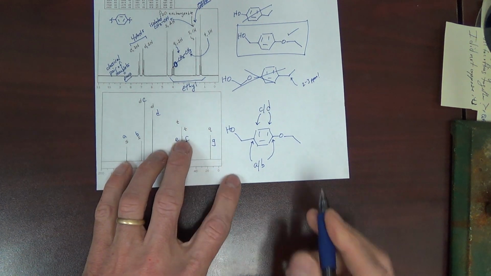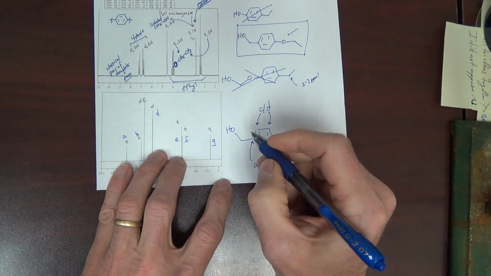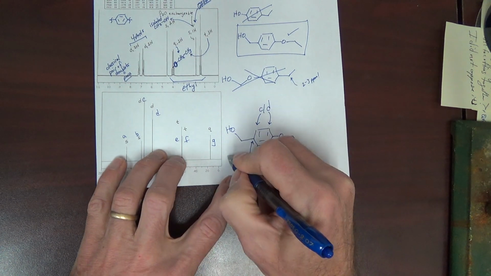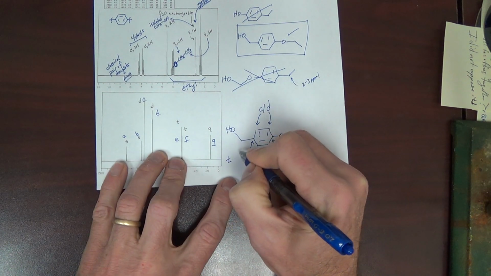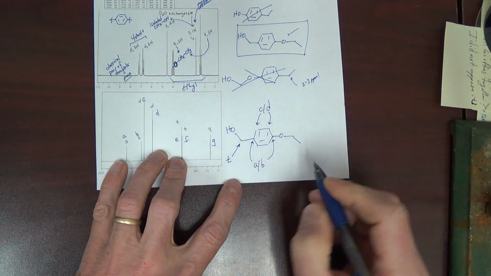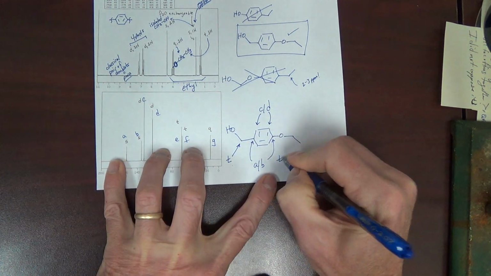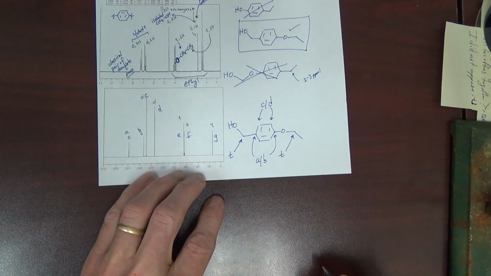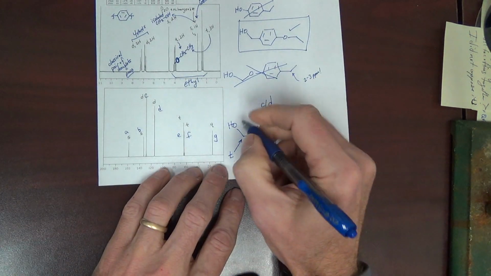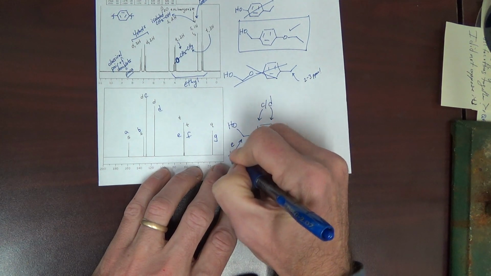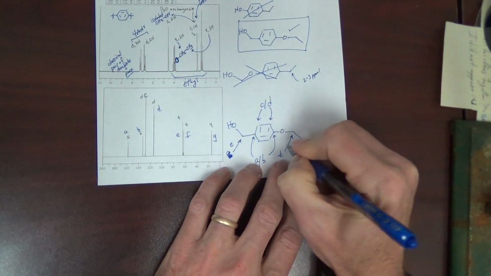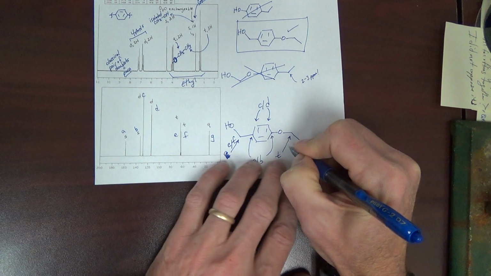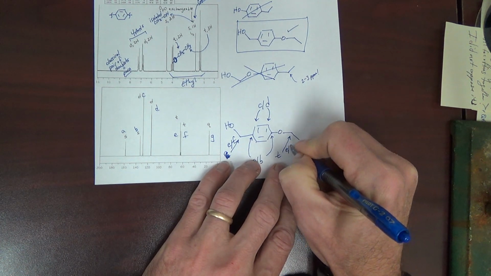Same thing with the 2 triplets. That's going to be a triplet, and that's going to be a triplet in the carbon NMR if we had splitting. Why am I doing that? Should be using letters. E and F are triplets.